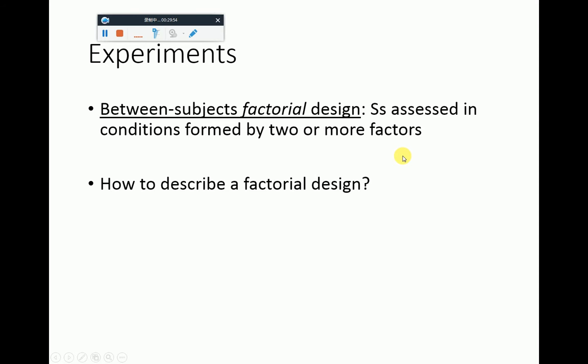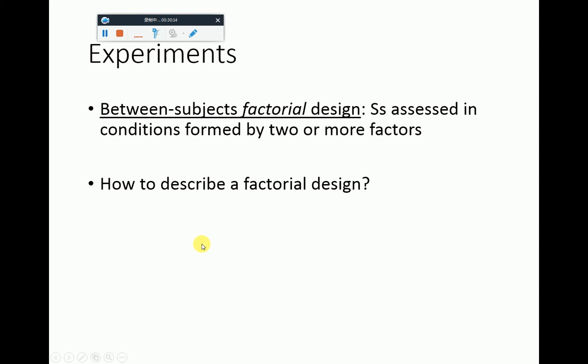So there are many ways to describe a factorial design. From now on, we occasionally will omit between subjects because for this class, we'll only talk about between subject design. Okay? So how do we describe a factorial design? Bear with me right now.